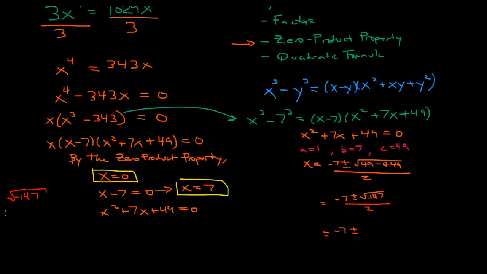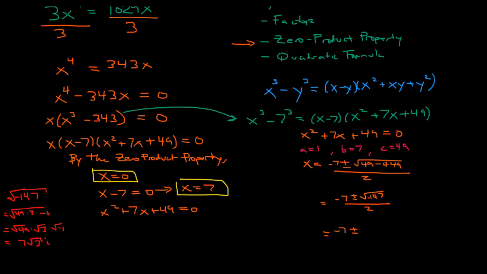well, we can do a couple things here. We can say that is equal to 49 times 3 times negative 1, which we can say is the square root of 49, using the properties of radicals, times the square root of 3 times the square root of negative 1, equals 7 square roots of 3, and that's i.